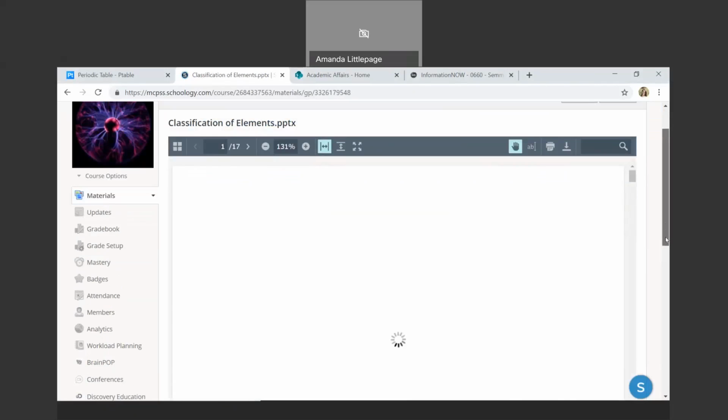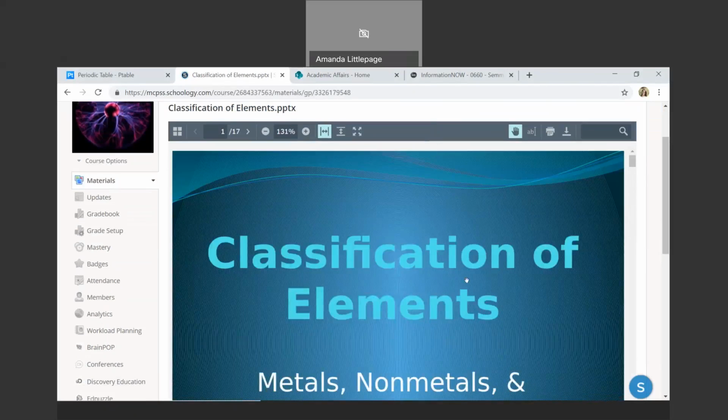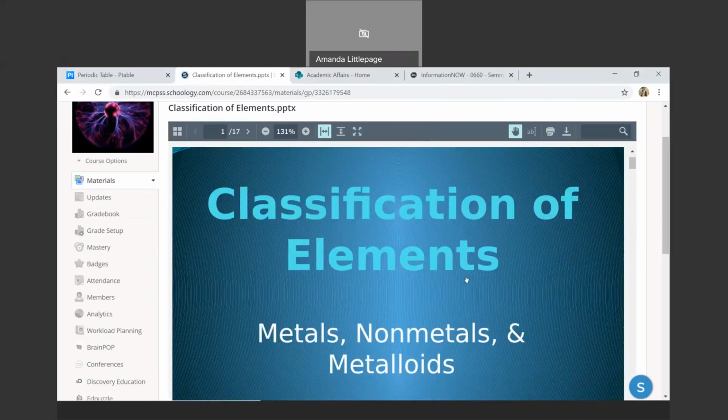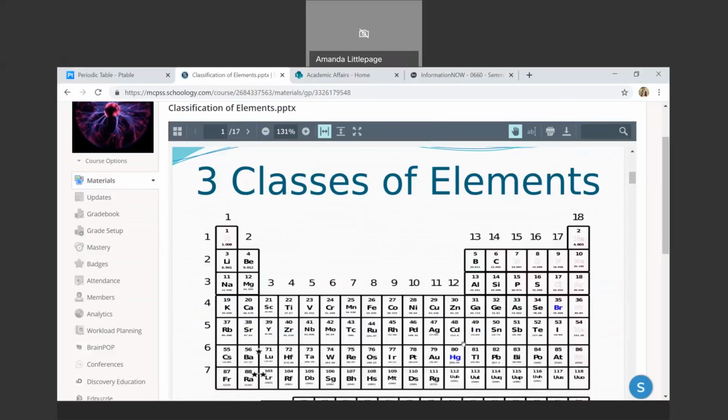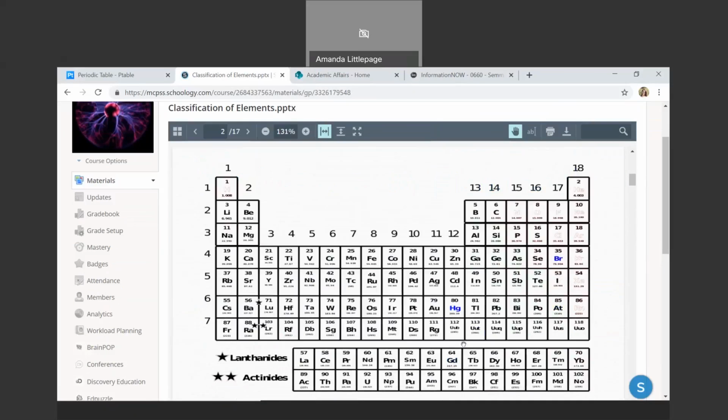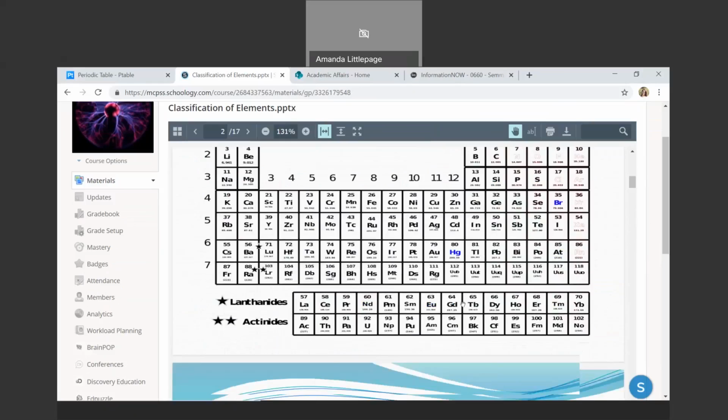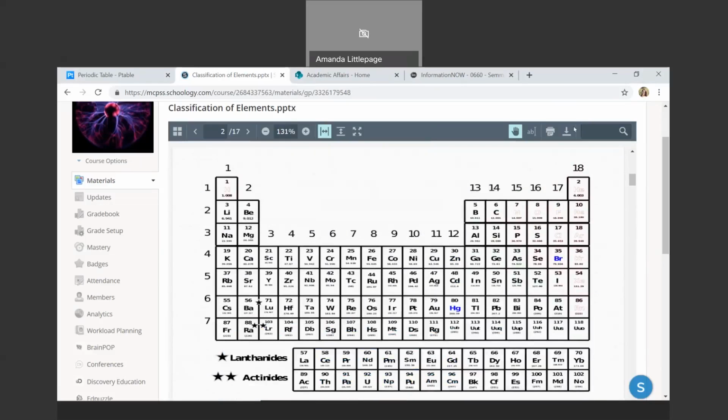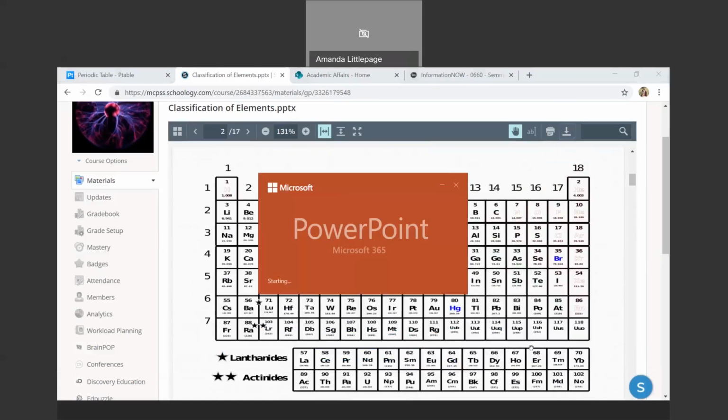So this is going to talk about metals versus nonmetals. In the classification of elements, these are your major groups: metals, nonmetals, and metalloids. So what are some characteristics? Well, first of all, when we look at the periodic table, the bulk of elements are going to be metals. All right. So let me actually download this so we can look at it a little bit more closely.